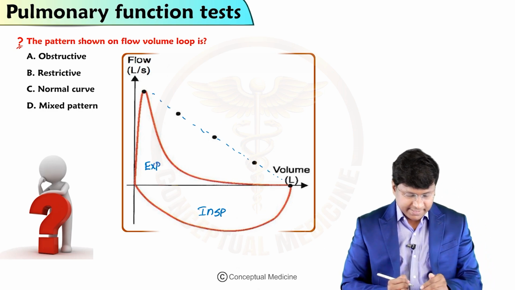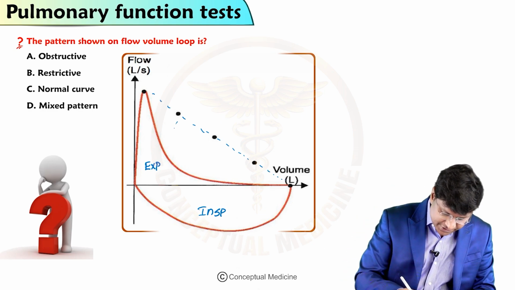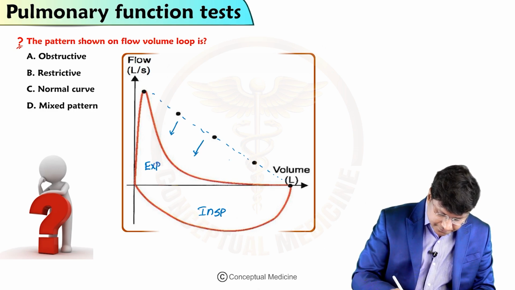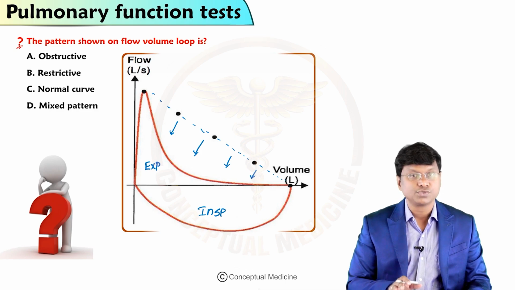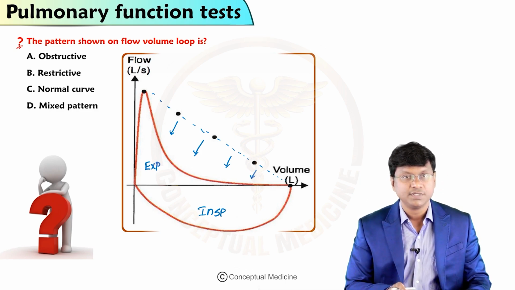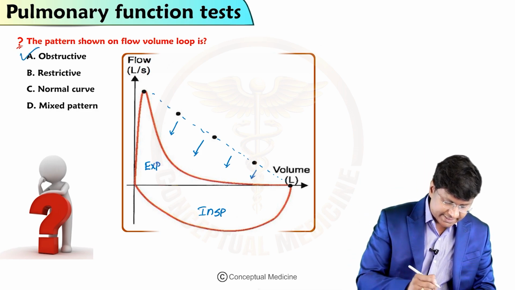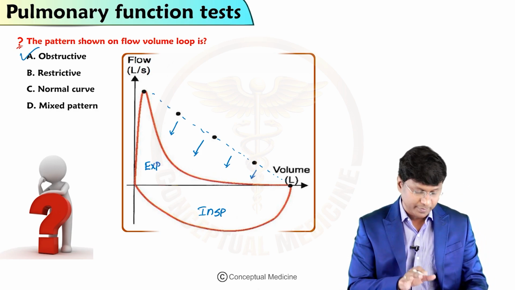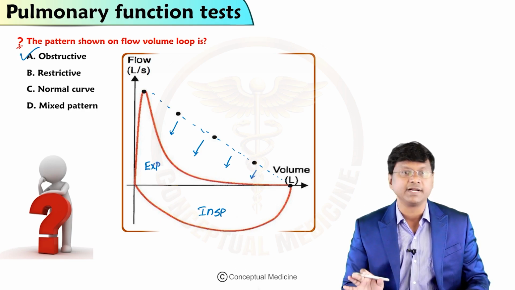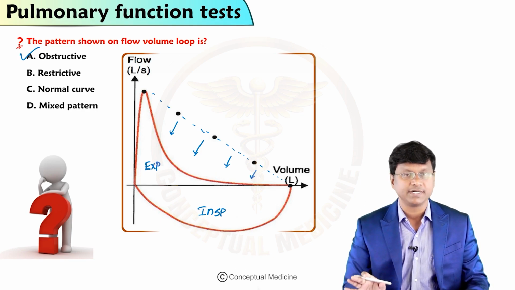Okay, so this is how the expiration should be. But what has happened to the expiration? The expiration is reduced. So when the expiration is reduced, what is that suggestive of? That is suggestive of an obstructive lung disease. So the pattern shown on the flow volume loop is an obstructive lung disease, right? It is an obstructive lung disease.